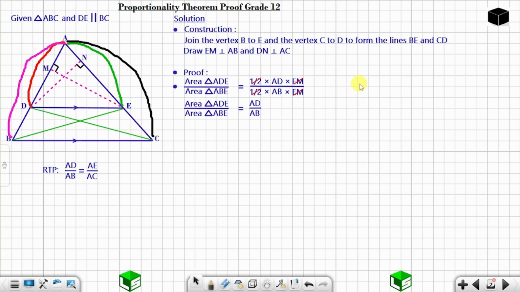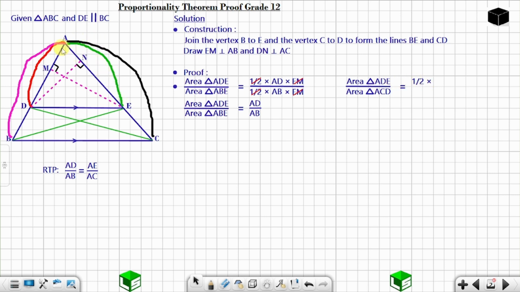So area of triangle ADE over the area of triangle ACD.